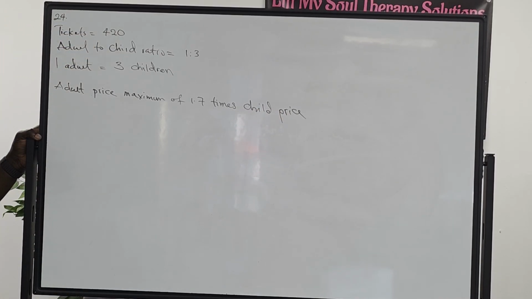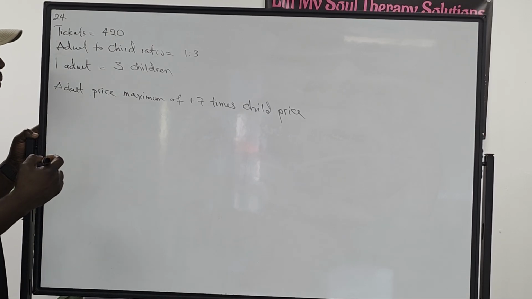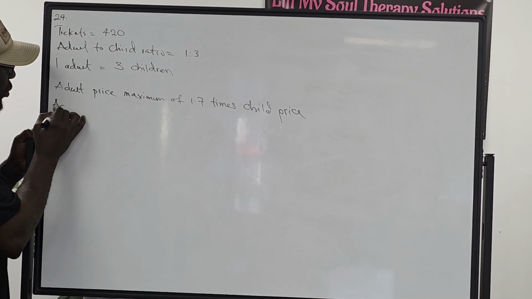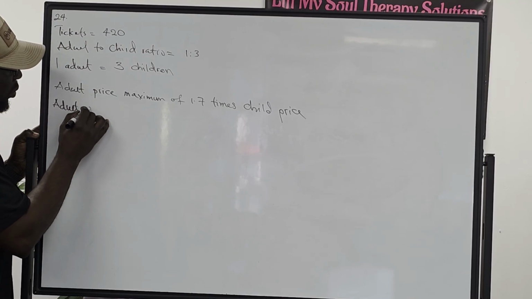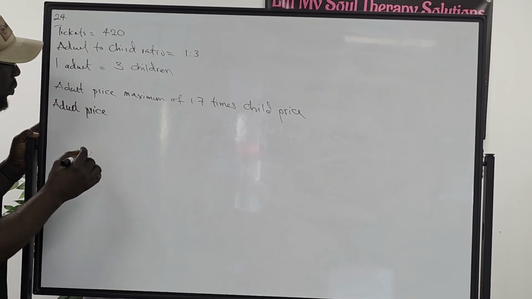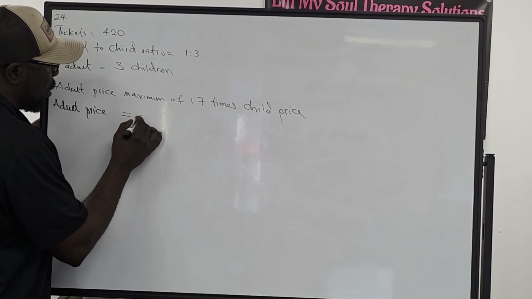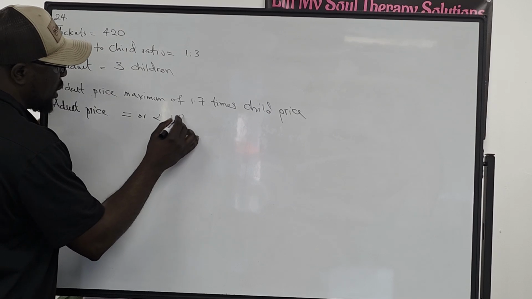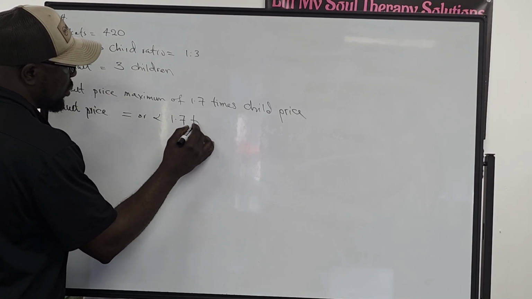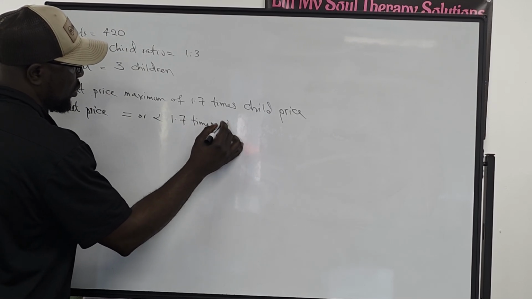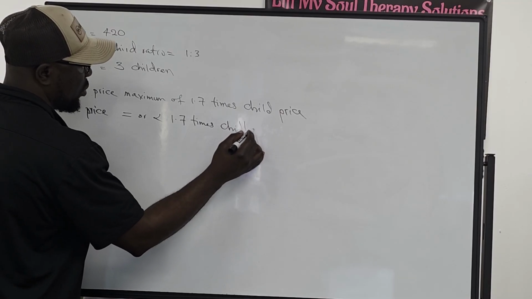It says the manager is working with the given constraint. The adult ticket price must be no more than 1.7 times the child ticket price. That's what it says. Which means that if you want to put it in a math equation, the adult price is equal to or less than 1.7 times the child price.